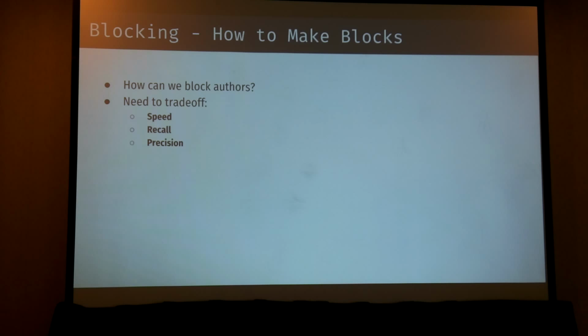And then the other trade-off is between recall and precision. For blocking, we don't need to make sure everything is 100% correct. We don't need 100% precision and 100% recall, because all we're doing is narrowing down our comparisons to something that's more relevant. So we want a very high recall at the cost of precision.